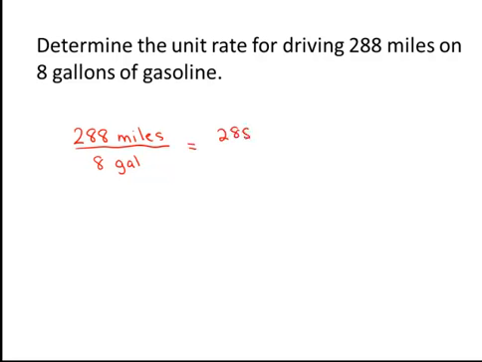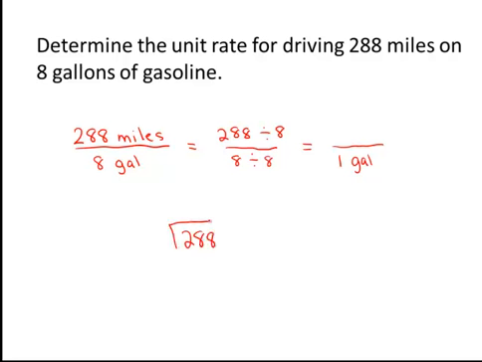We divide by 8 because 8 divided by 8 is 1, and this will tell us how many miles we can drive on 1 gallon of gasoline. We'll come down below to do the division.